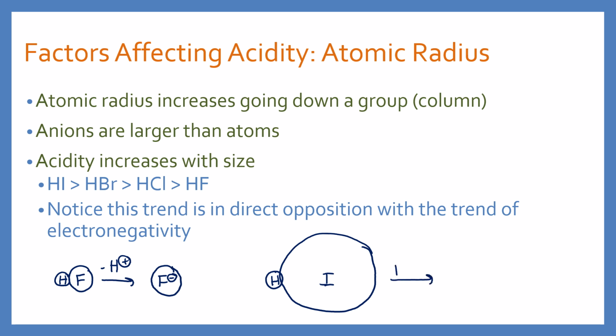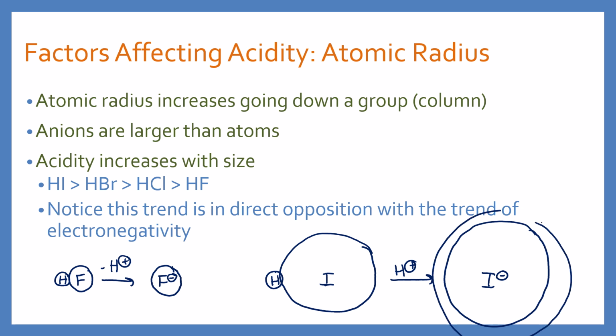When this loses its proton, we're going to make I minus, which is even larger, and this negative charge is spread out over this massive surface area. This is kind of like the idea of resonance, where if you are able to share the charge, you're going to be stabilized. This is the idea of having a teeny tiny focused negative charge versus a very big fluffy negative charge. The big fluffy negative charge is going to be more stable.